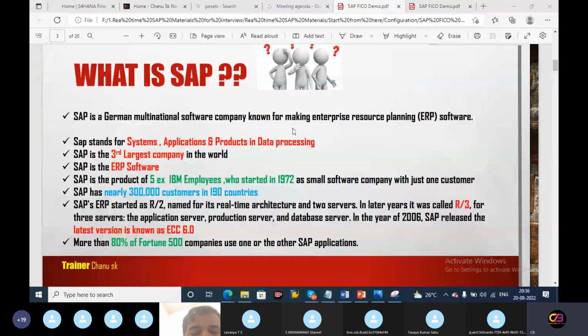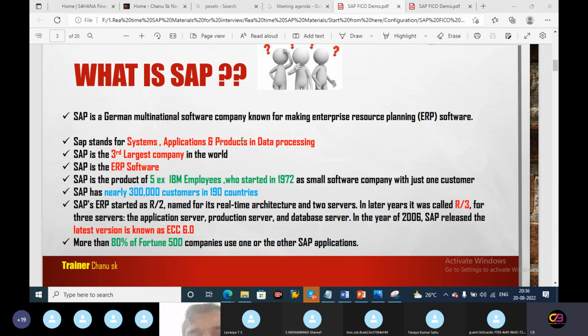So here SAP stands for Systems, Applications and Products in Data Processing. System means computers, application means programming or any software, product means goods and services. What SAP generally does is capture entire information regarding day-to-day transactions, whatever the transaction may be.